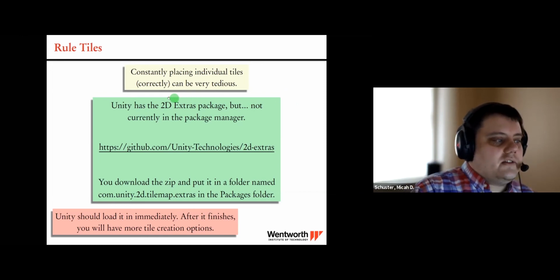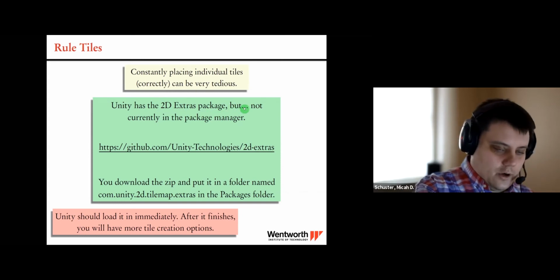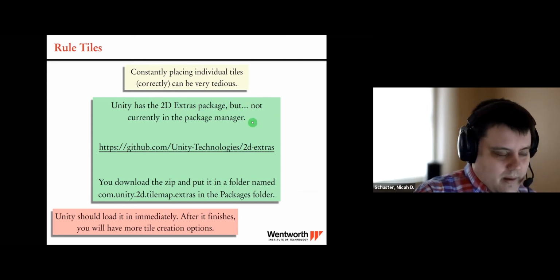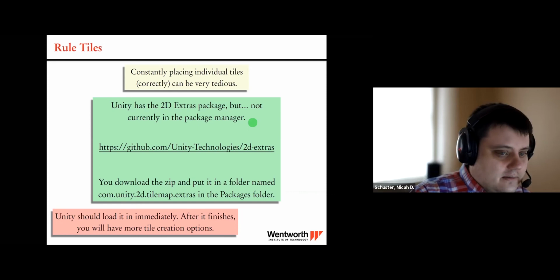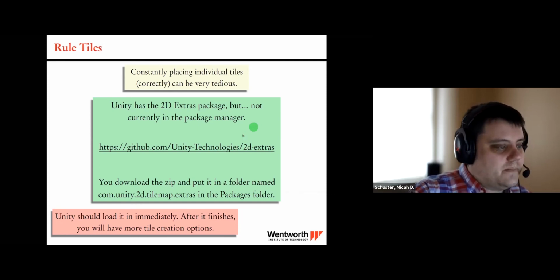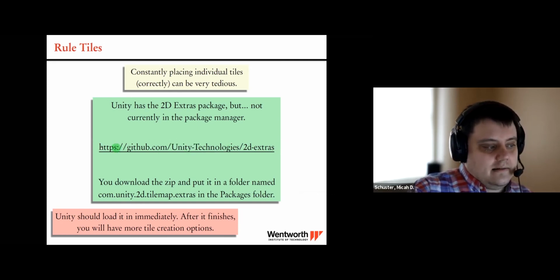So there's this 2D extras package, and when I wrote this lecture, it was not in the package manager, and I still don't think it is. I don't know when they'll add it, probably with one of the updates for the 2020 branch or the 2021 branch. If you do need it, it's on GitHub. It's that page that I showed close to the beginning.